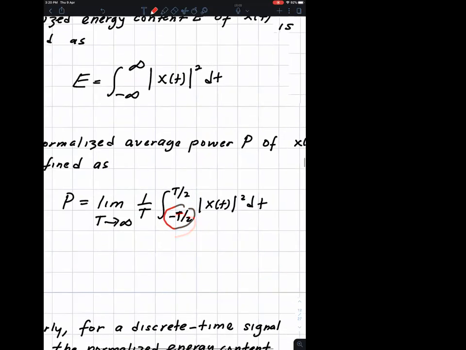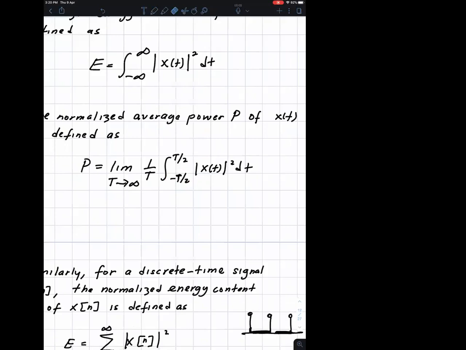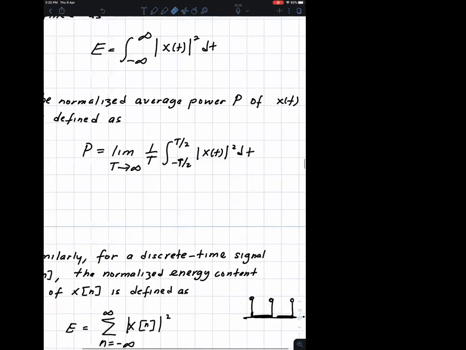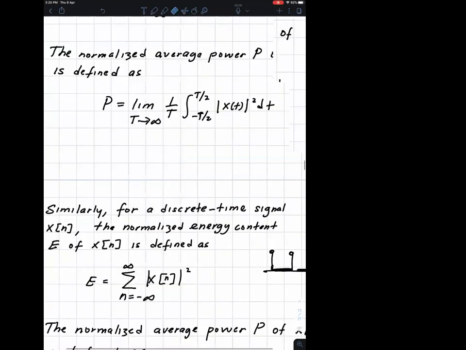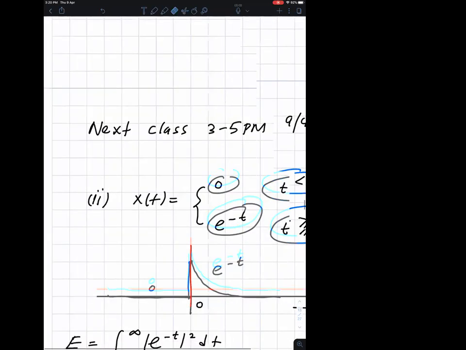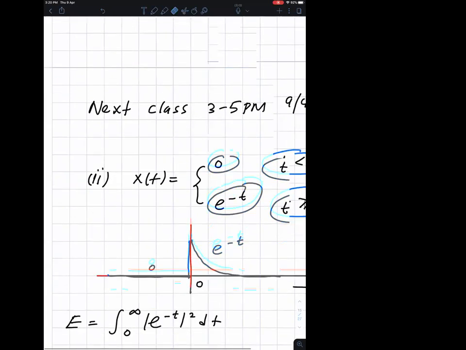The lower limit, you can either integrate from 0 to T or from minus T over 2 to T over 2. Okay, sir. Any other question? No, sir.